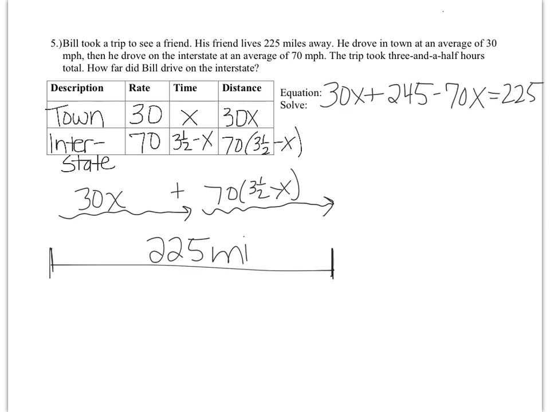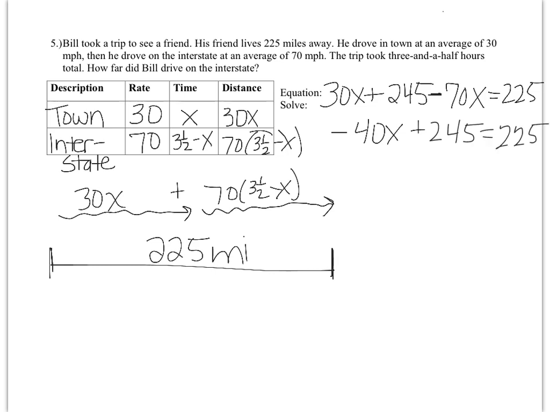All I did to get that last little bit is distribute the 70 to the 3.5 and the x. So now let's combine my like terms, and I'm going to get 30x minus 70x, which is going to give me negative 40x plus 245 equals 225.